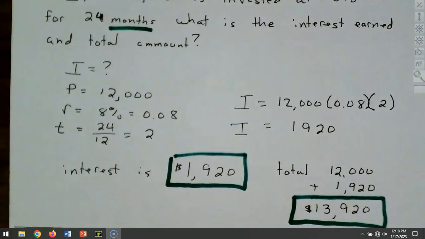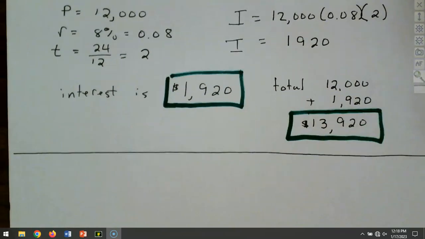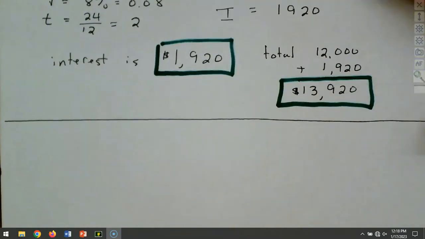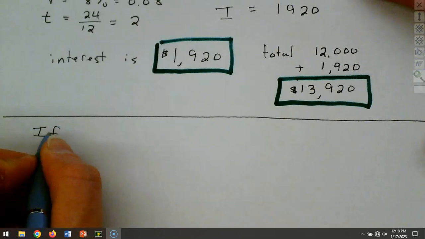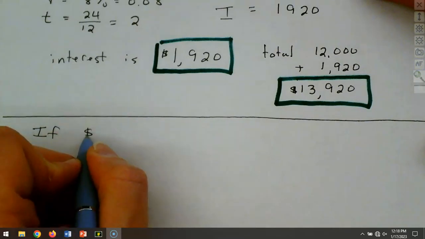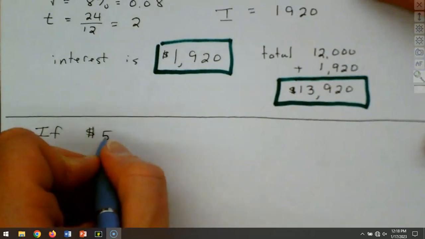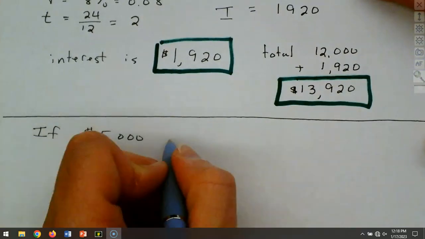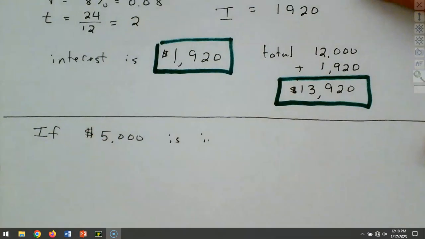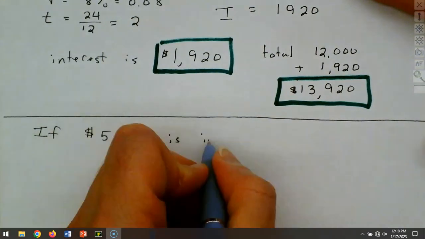So let's do one more. And this will be our last question, and then we'll talk about our homework. So on this one, let's say $5,000 is invested, it could be borrowed. Doesn't matter whether it's borrowed or invested, it's the same.